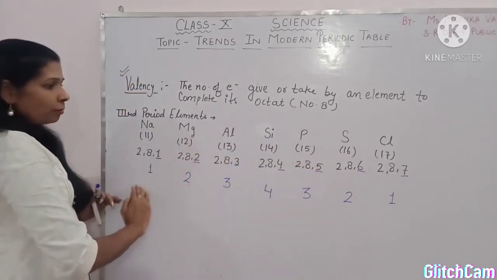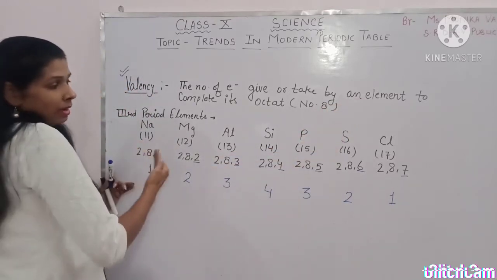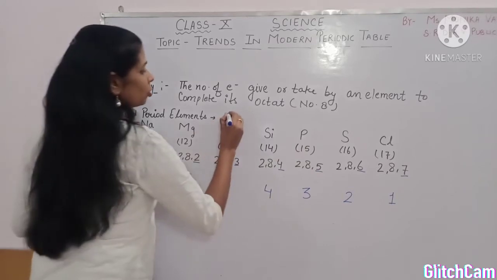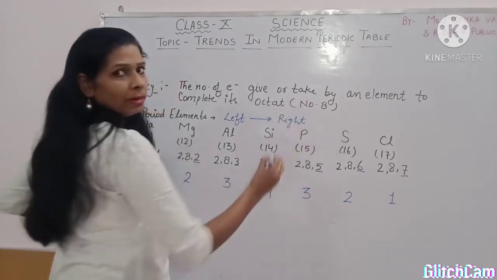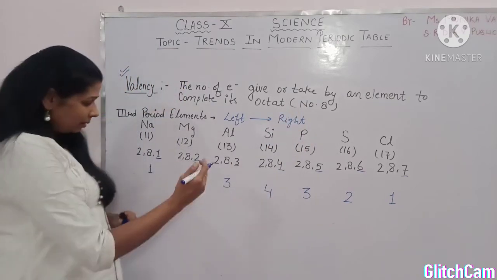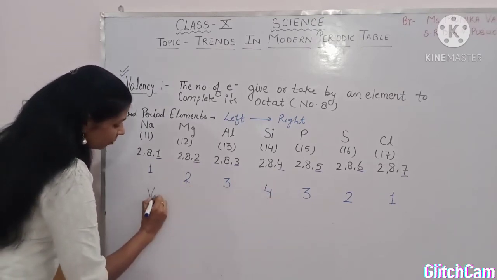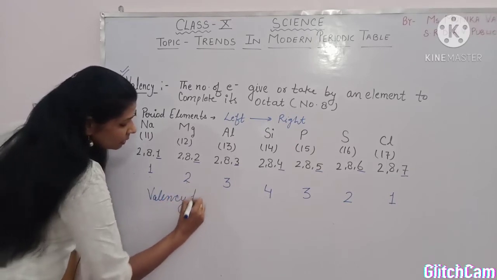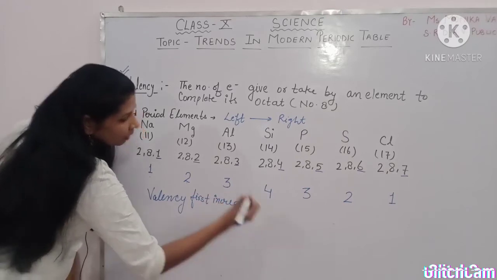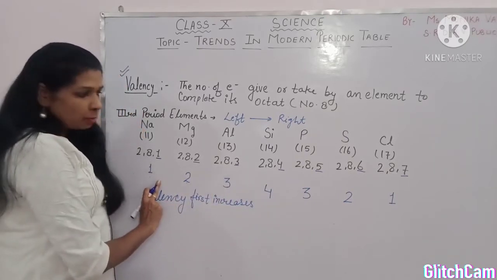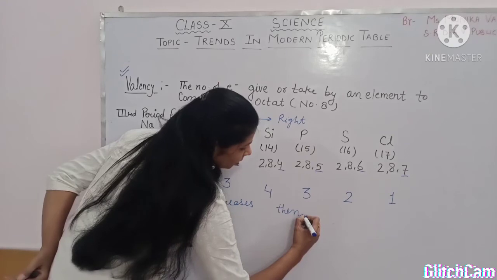So what kind of trend can we see in a period when we are moving from left to right? Look, 1, 2, 3, 4. So we can say valency first increases from 1 to 4, and then decreases.